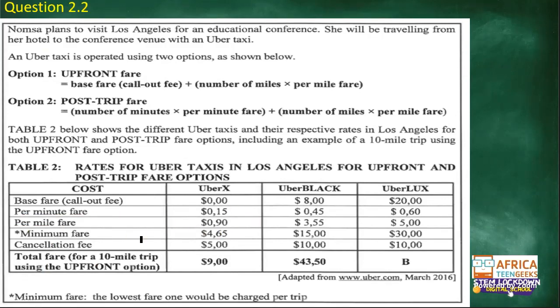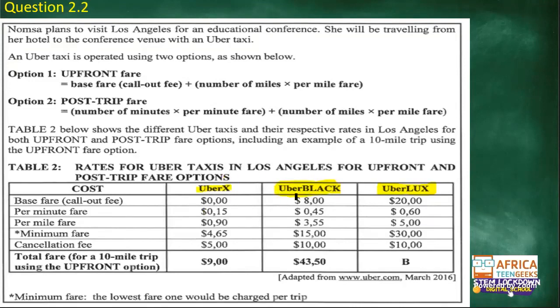But these vary depending on whether you call an Uber X, an Uber Black, or an Uber Lux, which is the Uber Luxury. I'm not sure if you are familiar with how Uber works. It will be easier if you are, but if not, it's fine. This is based on calculations.